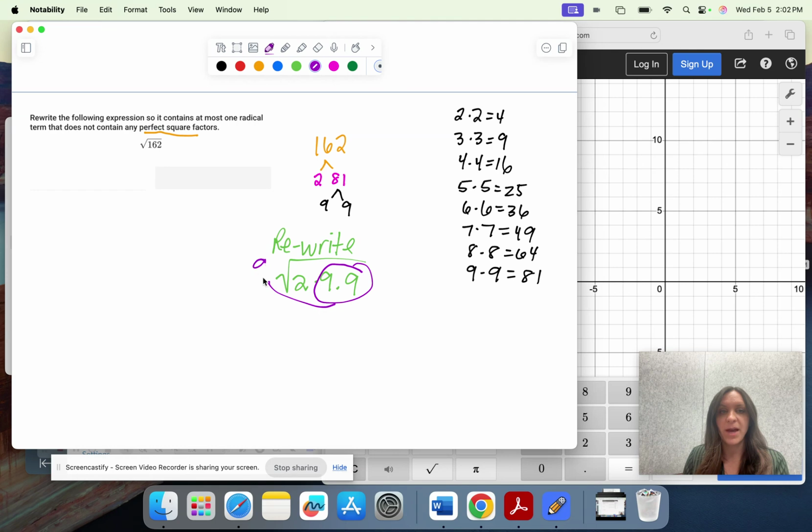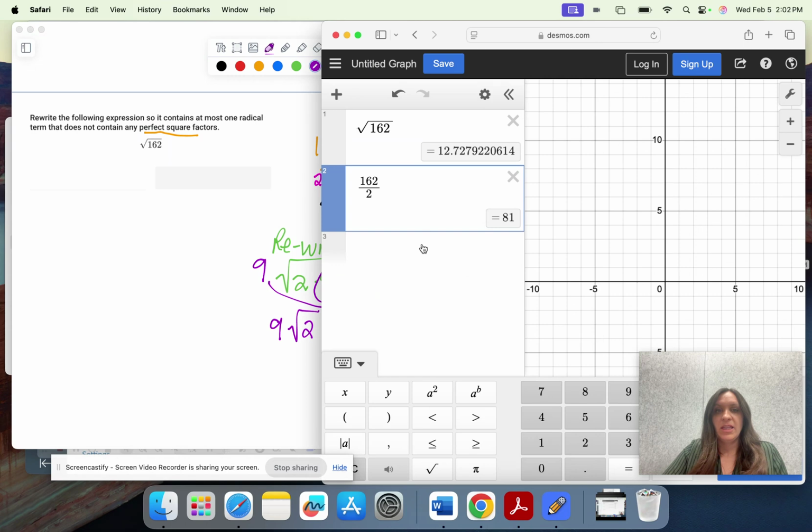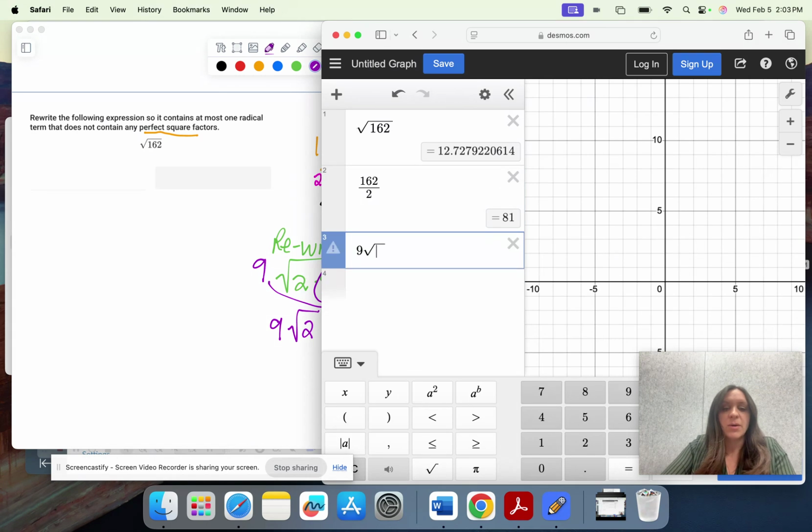So remember, they come out of the square root as 1 because the square root of 81 is just 9. It's not 9 times 9. It's just 9. So now I have 9, and then this poor square root of 2 is left over. And that's the answer. So 9 square root of 2, I like to check.